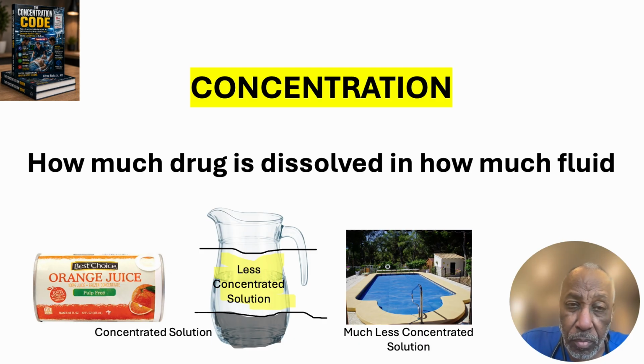Concentration. The simplest way to think about concentration is simply how much drug is dissolved in how much fluid. That's the whole concept. Everything else is just applying that idea to different numbers. Juice concentrate works the same way. The can in the freezer is a dense, syrupy liquid.